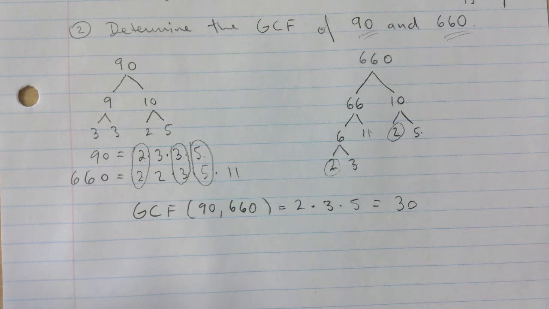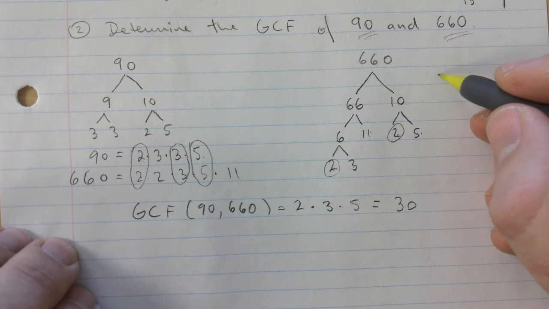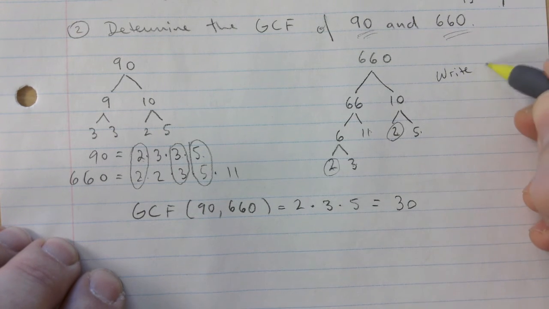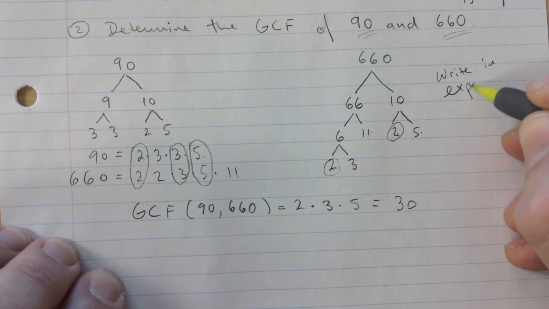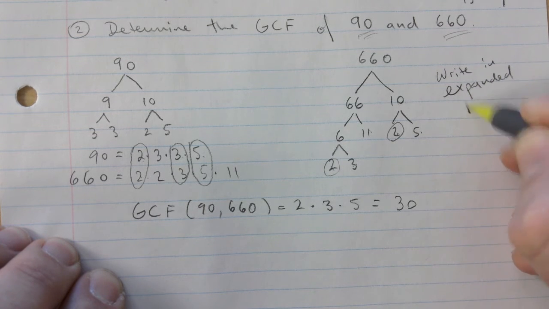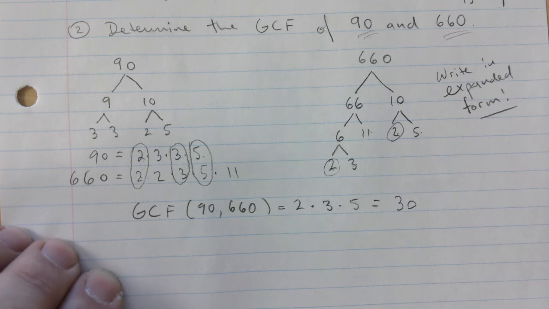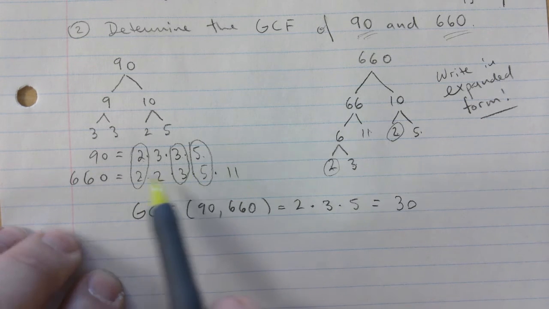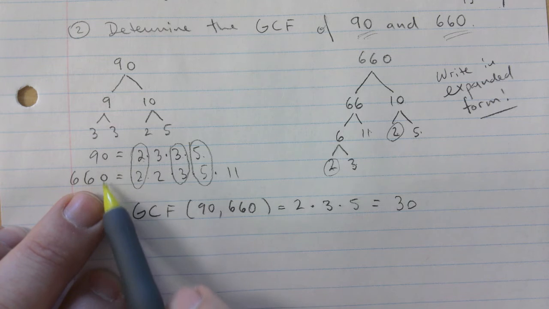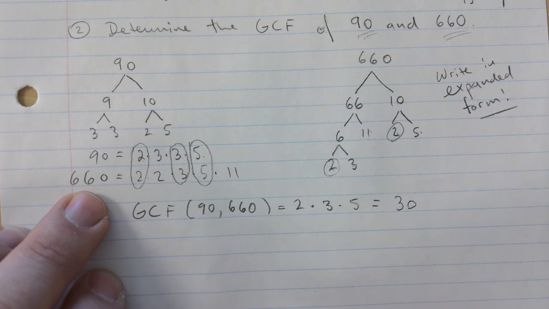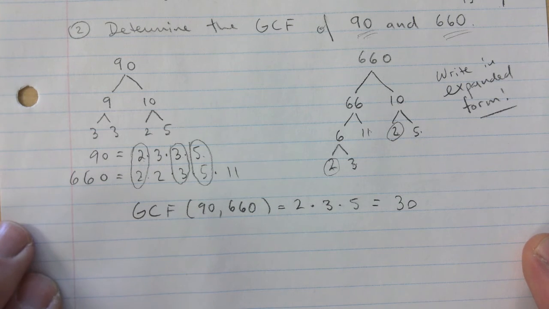Okay, so write in expanded form. When it's GCF, you want to write in expanded form like this, and possibly stack them like this. Right, that's the best way I find that you can do this.